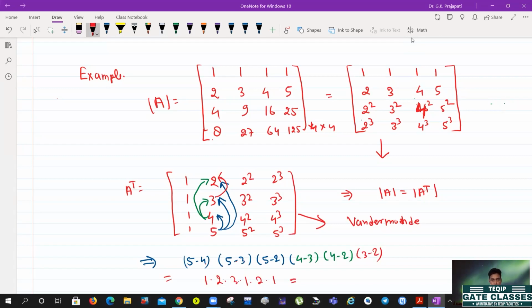That is 2 into 3 is 6, into 2 is 12. This is the determinant of the given matrix.